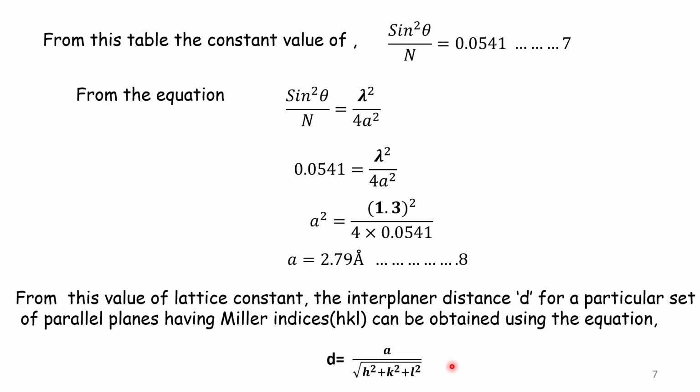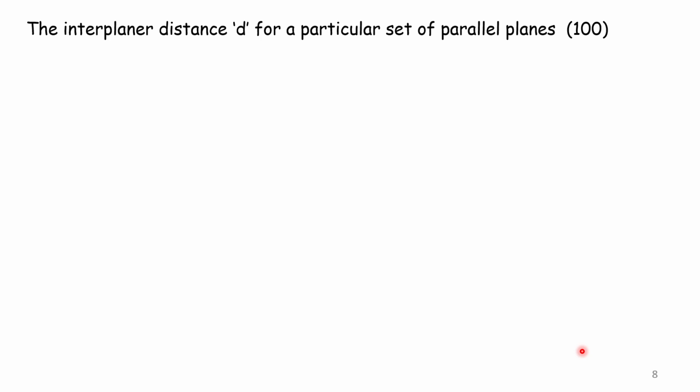We know that the interplanar distance of the cubic crystal having the Miller indices HKL is d equal to a divided by under root h square plus k square plus l square. Now we can obtain the value of d corresponding to three different parallel planes. The first set of parallel planes, say 1 0 0, then its interplanar distance d100 is equal to a.